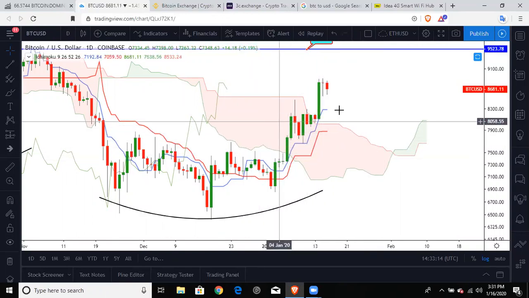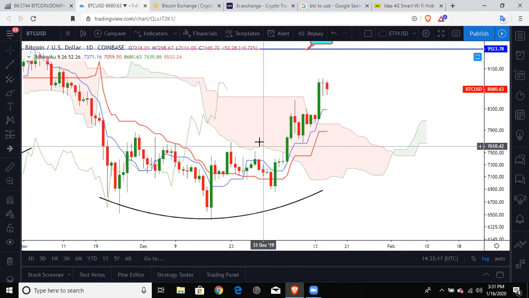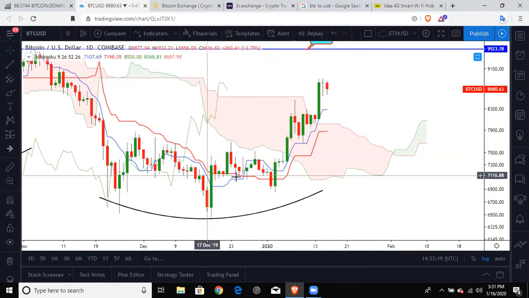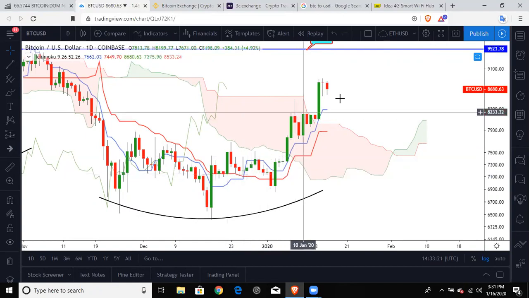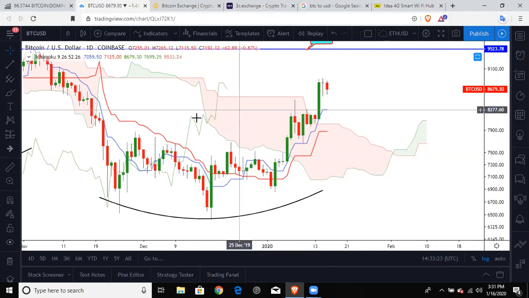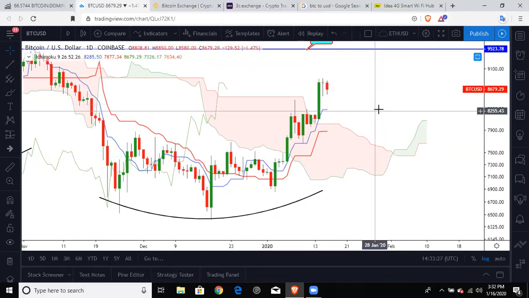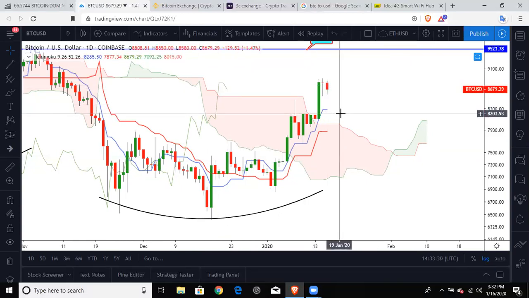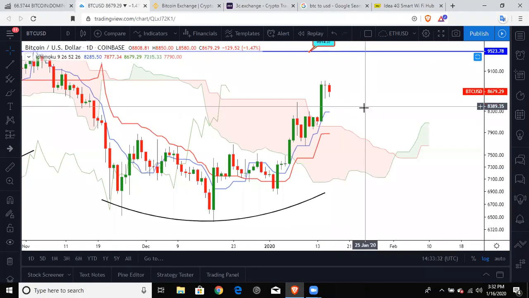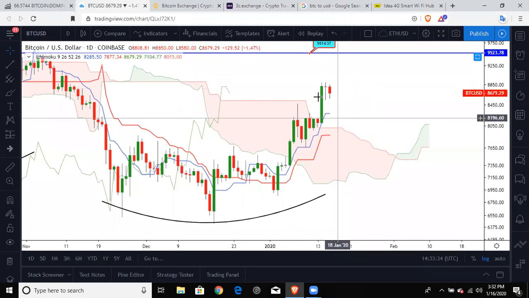So whenever we have price moving above the cloud and we have a TK bullish cross, future cloud is green, Chikou span is above price and above cloud, it's giving us a signal to open a long position and not to think of closing it. But now price is stopping at this level here.